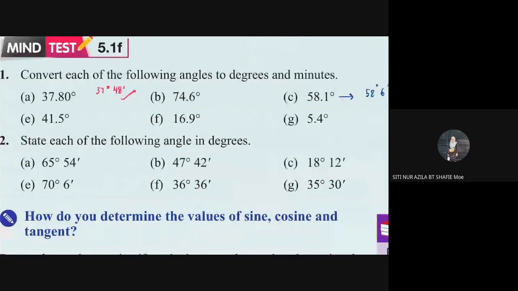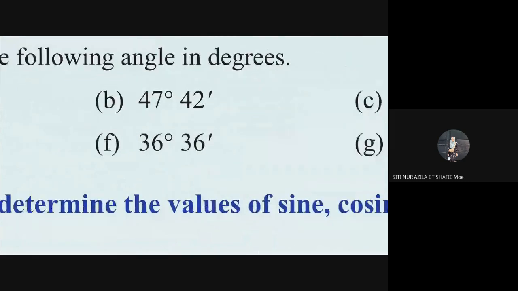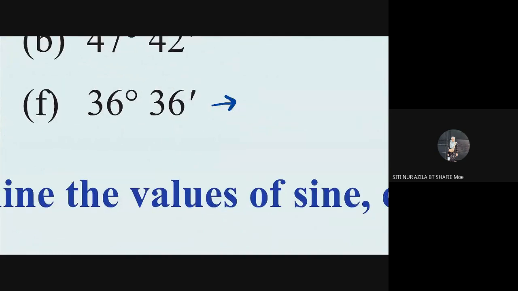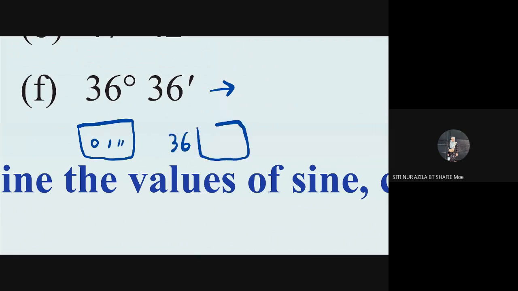Okay, let's try a few more questions from question 2 now. I want you to convert this one for me. F, 36 degree 36 minutes. Press the button 2 times for this one. You need to press this button 2 times. 36, and then use this button. And then 30 first. 36. 65.9.